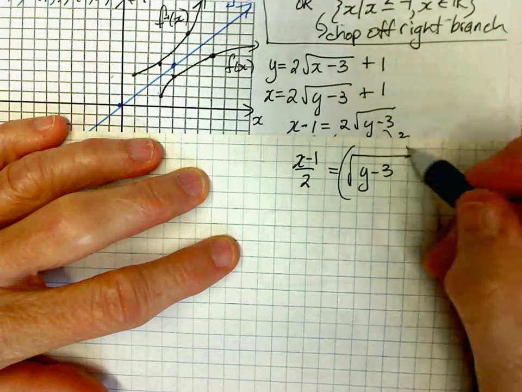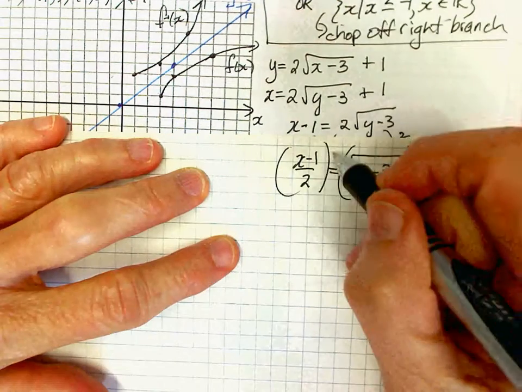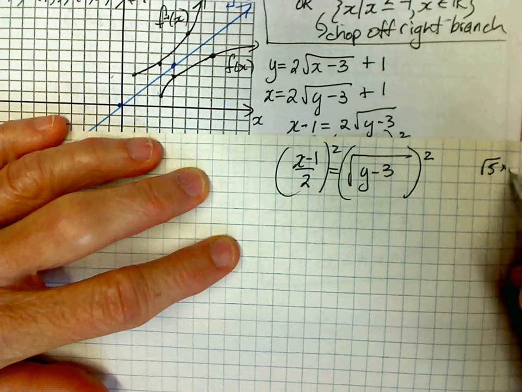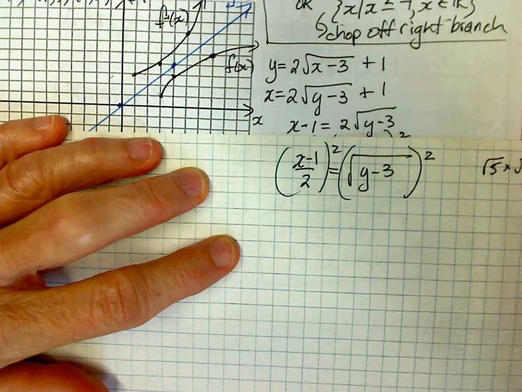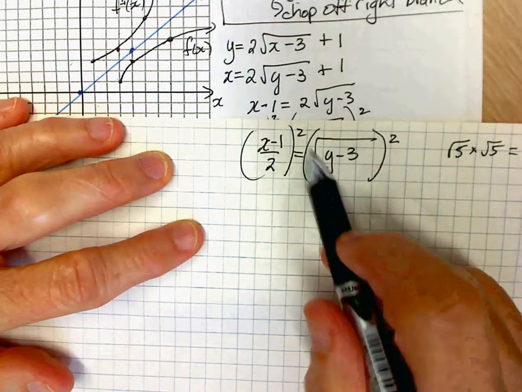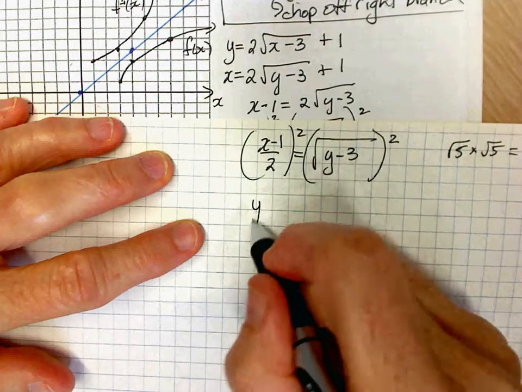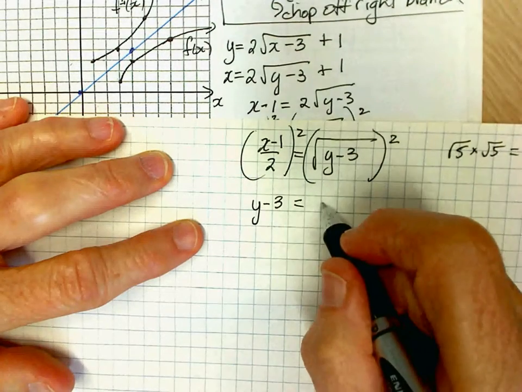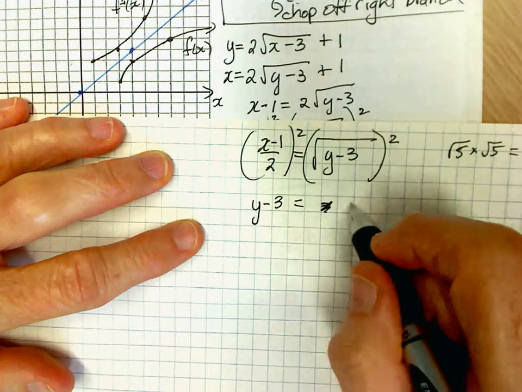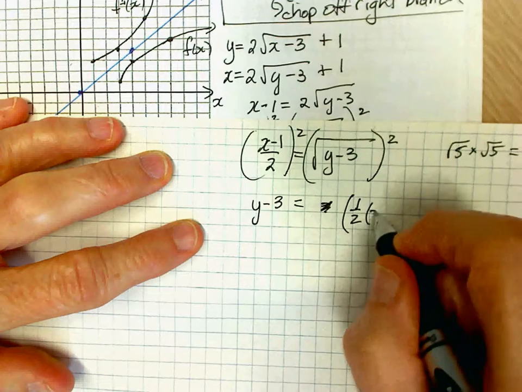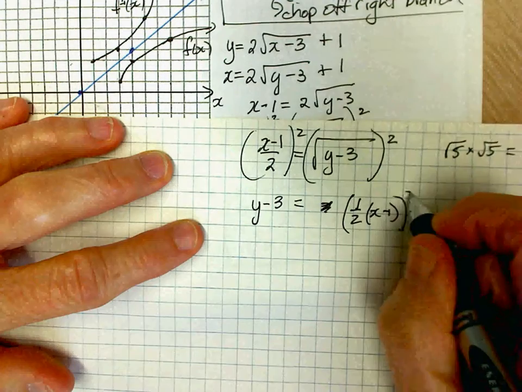For example, what's square root of 5 times square root of 5? 5, right? So square root of y minus 3 times square root of y minus 3 equals y minus 3. And this is really 1/2 times x minus 1 all squared. And then you can solve for y.